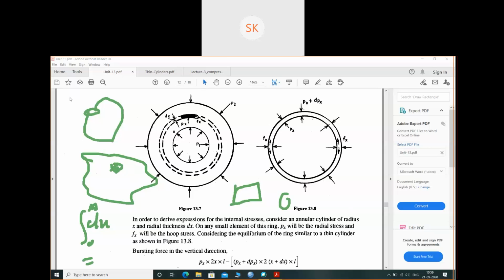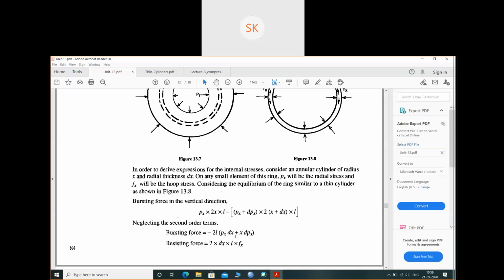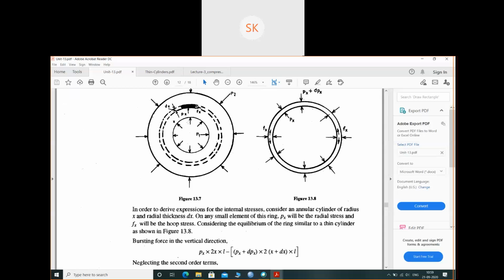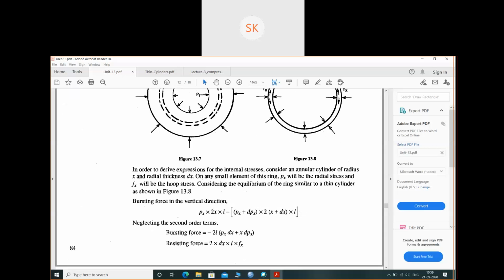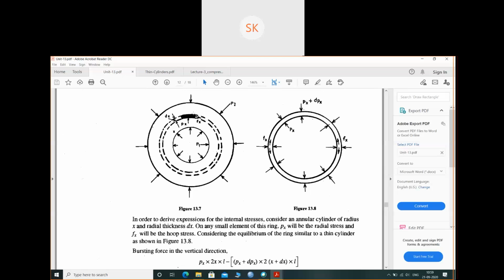In the same way, we are taking a section dx, and they are representing the radial stress as px and the tangential stress as dx. So this is the formula for the bursting force, 2L (px dx + x dp), and the resisting force is twice dx L fx. Dx is a small area, px is the radial force.